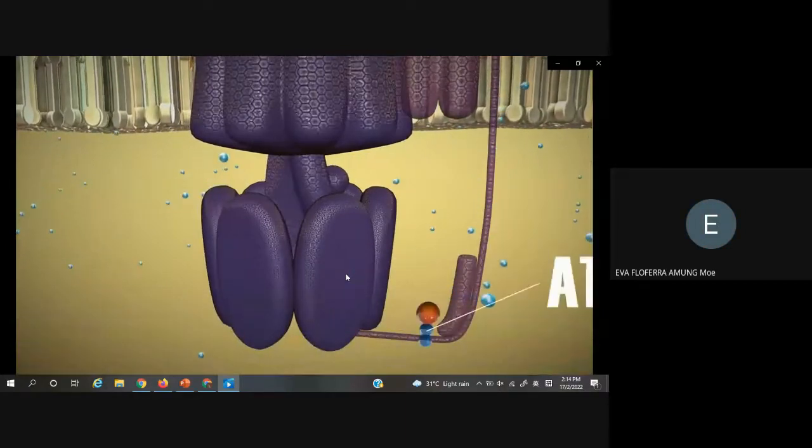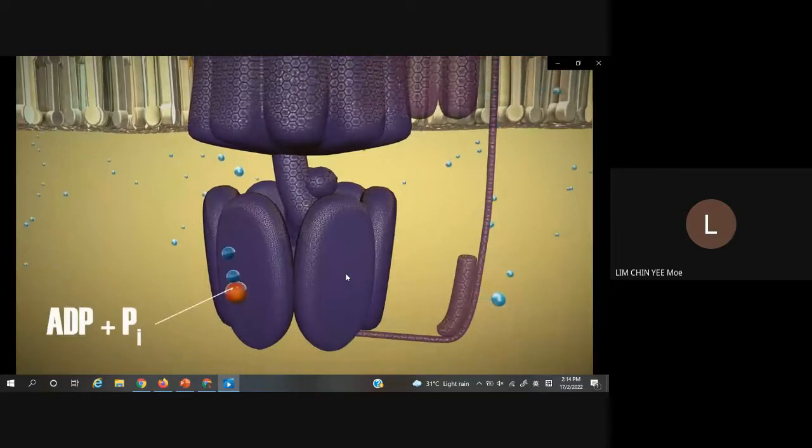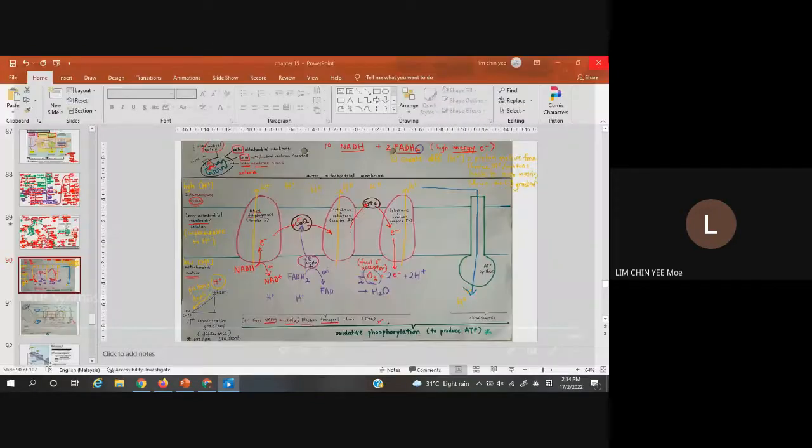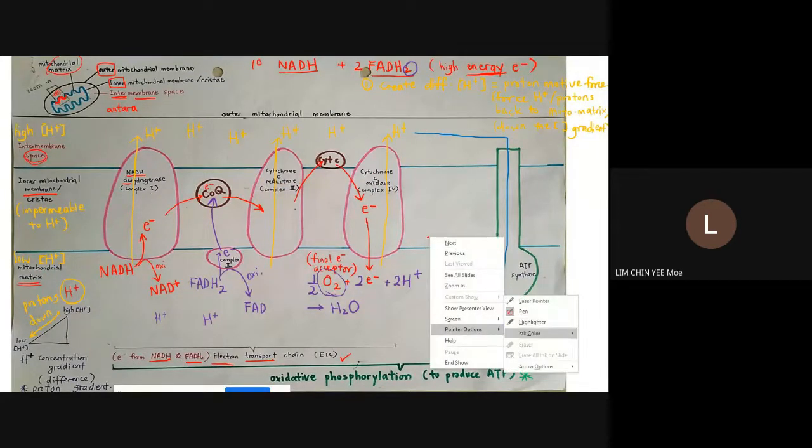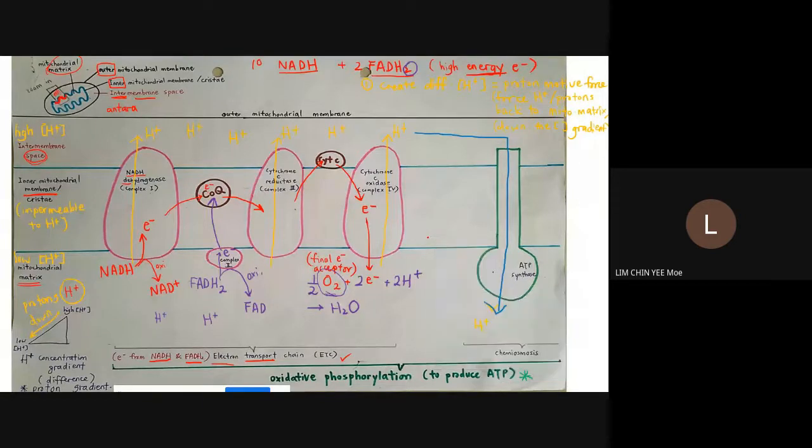Jelas, Miss. So that's how they do it. And that's the reason why kita hanya bagi laluan dekat ATP synthase sahaja. So that semasa hydrogen ions ini move down the concentration gradient, dia move dari high concentration to low concentration melalui ATP synthase, dia boleh rotate the ATP synthase.